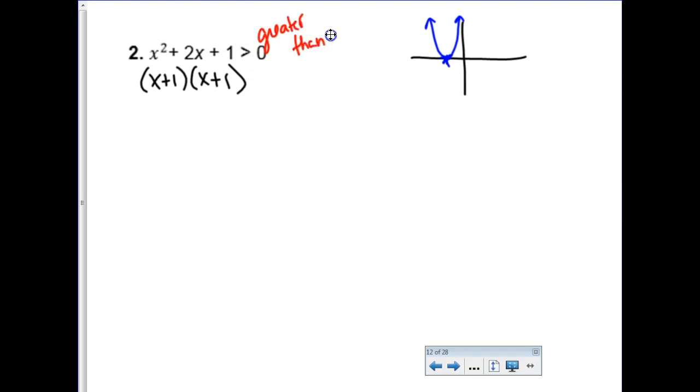This is a bit of a trick question, because a lot of kids say, oh, well, everywhere it's greater than 0 all the time. Well, that's not really true, because at x equals -1, it is exactly equal to 0. So where is this greater than 0? From -infinity to -1, but you can't count -1 because that's a 0. And then continue on, -1 to infinity.